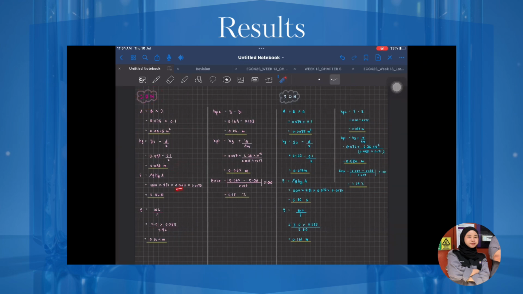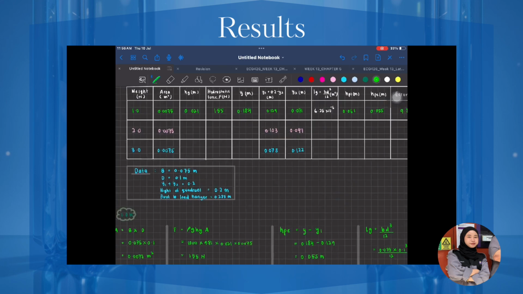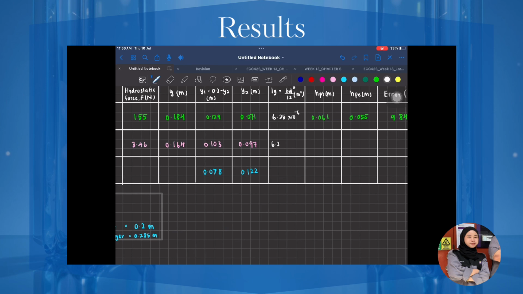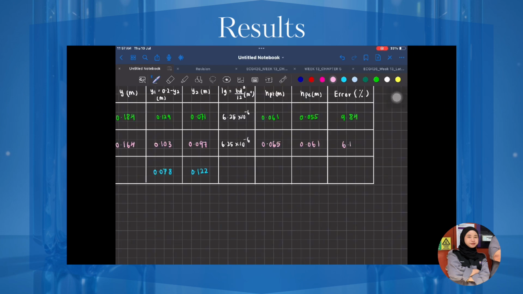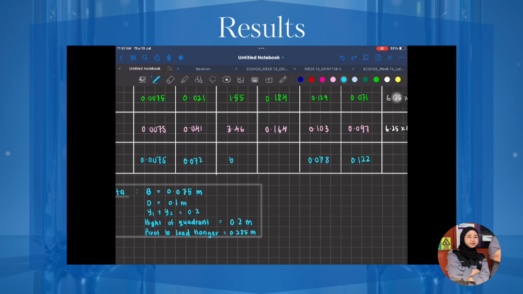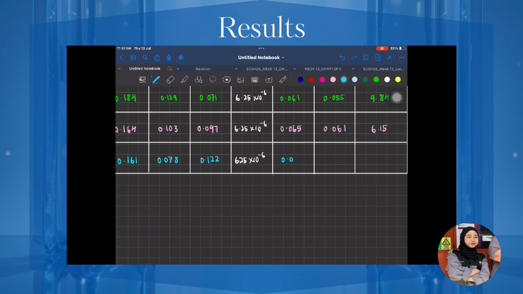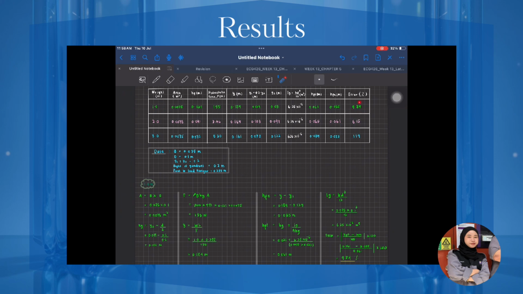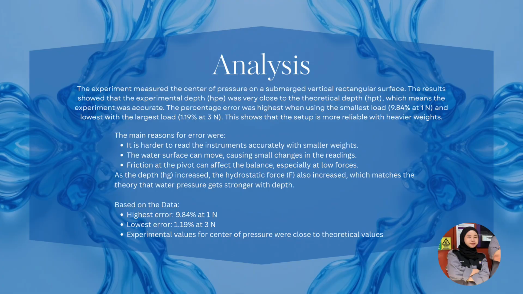Not just that, I also calculated for 2 Newton and 3 Newton, and all the answers I inserted into the table. Lastly, the percentage error for each weight is 9.84%, 6.15%, and 1.19%.